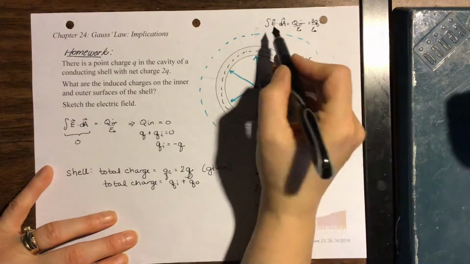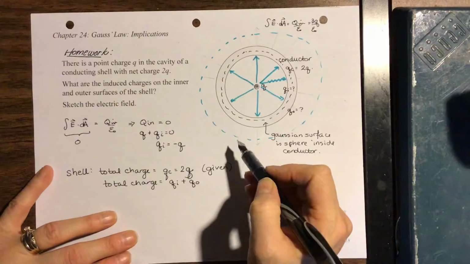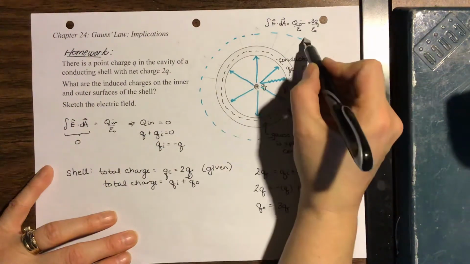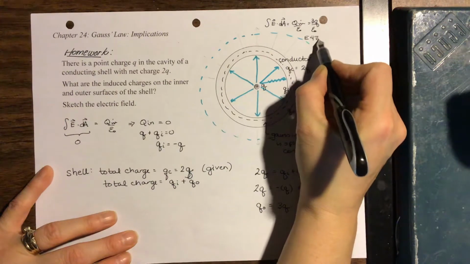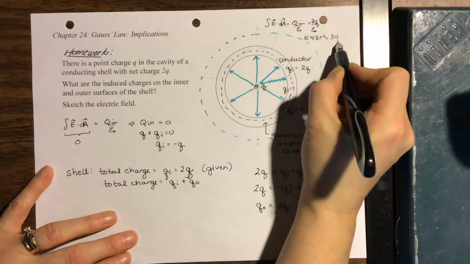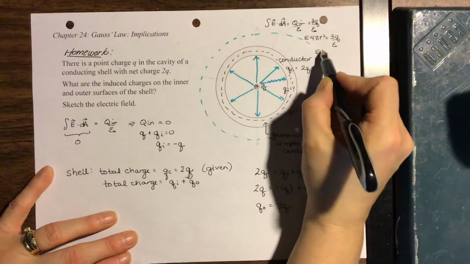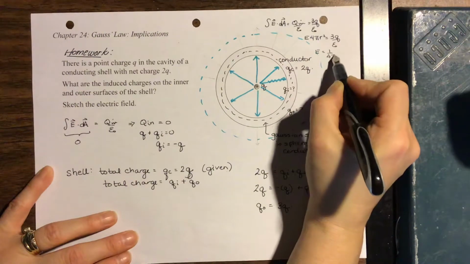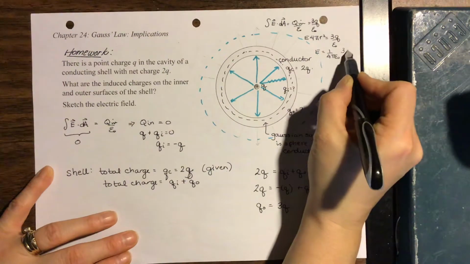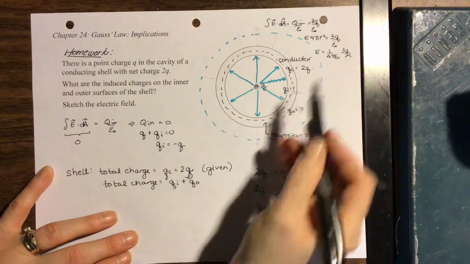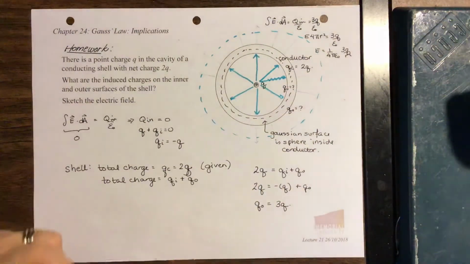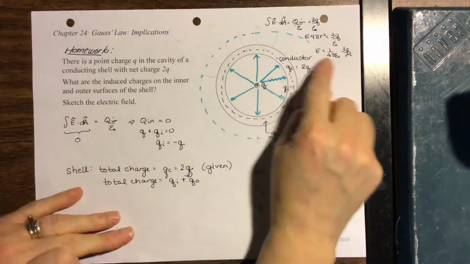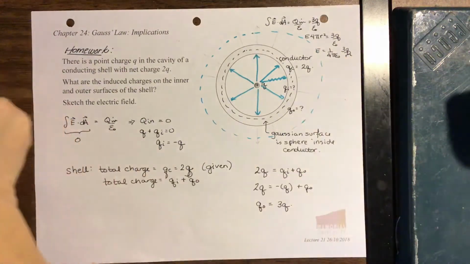We know that the integral of E dot dA will work out to be E times 4 pi r squared equals 3Q over epsilon naught. So E is equal to 1 over 4 pi epsilon naught times 3Q over r squared. So the electric field, once we're outside the conductor, is the same as the electric field due to a point charge with a magnitude of 3Q.